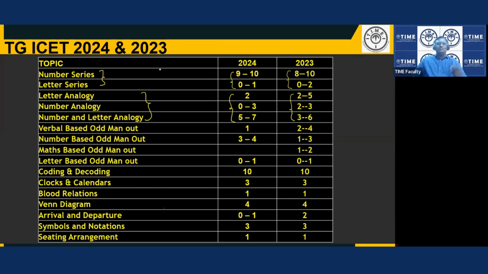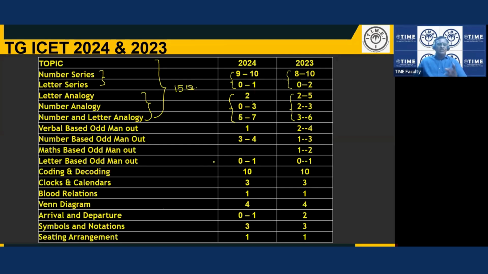I said the same logic and thing in AP ICET also. The series and analogy topics together will maintain approximately 15 questions on average, not exactly, reduced by 1 or increased by 1. Between them, the major topic is series.